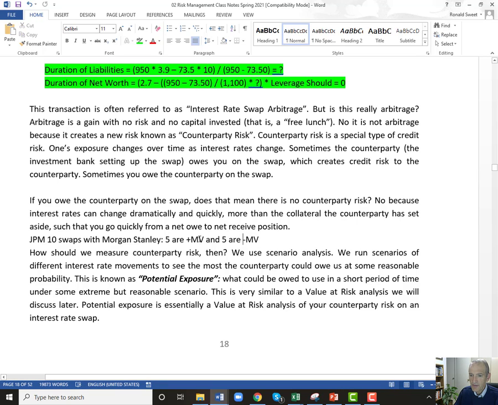So if this is $400 million and this is negative $400 million, and let's say there's not enough collateral there, let's forget about the collateral, then when you go to the creditors of Morgan Stanley and say, hey, Morgan Stanley owes us $400 million, the creditors are going to say, well, you stand in line with everybody else. If they have $400 million when we finish this bankruptcy, we'll pay you back. If not, no. But the creditors on the $400 million are going to tell you, JP Morgan, you pay us immediately. With the master netting agreement, all of that nets down. So it's just whatever residual is the only exposure you have.